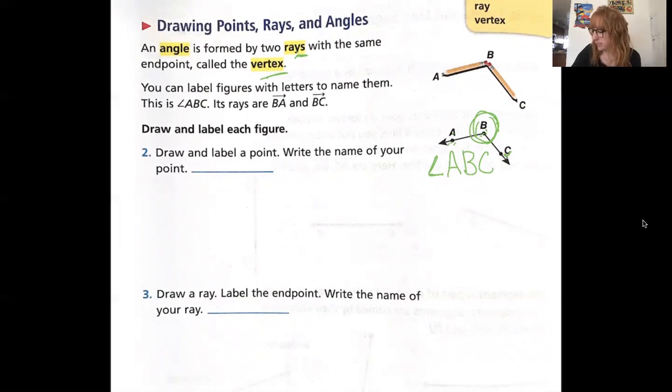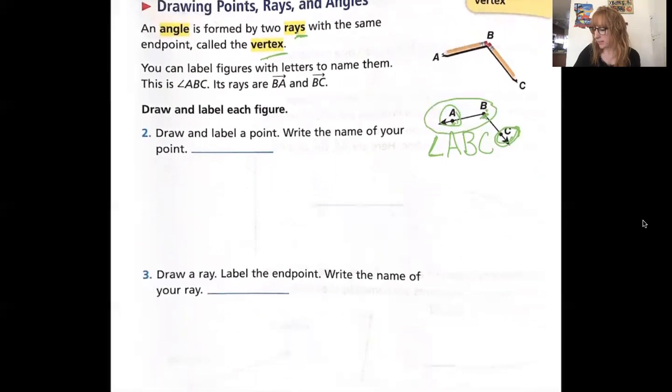So we have these things called rays, and a ray goes from the vertex to the other side of the line or the line segment that it's labeled with. So we have ray BA and ray BC. And whenever we give a ray, we start with the vertex, and our second letter is the outside angle letter.